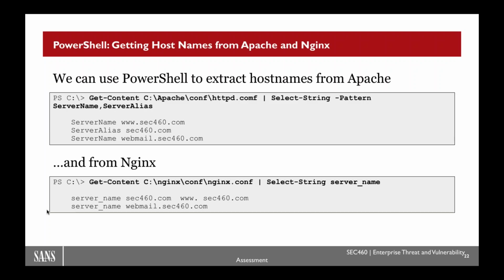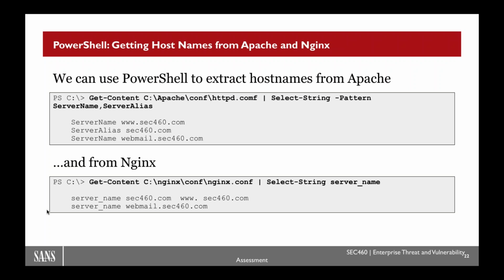We could also use similar commandlets to extract this information from Windows hosts with PowerShell. So we can use Get-Content. Get-Content is going to display the contents of our file. So I'm going to use Get-Content on our httpd.conf, C-O-N-F.